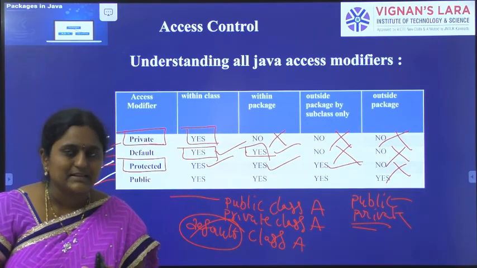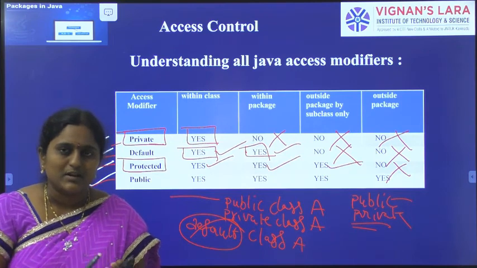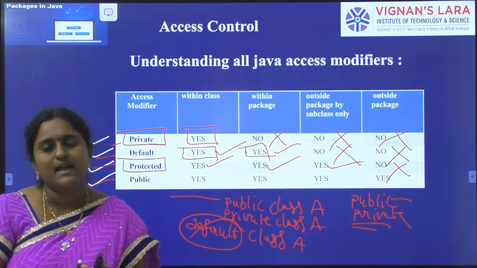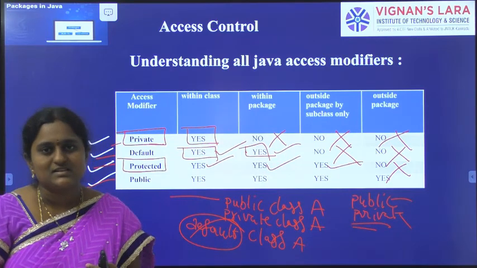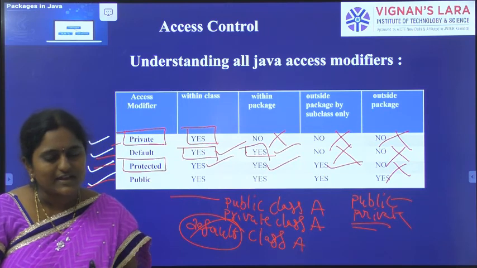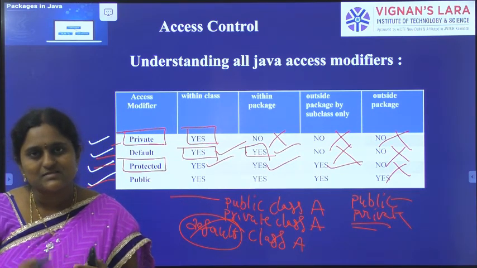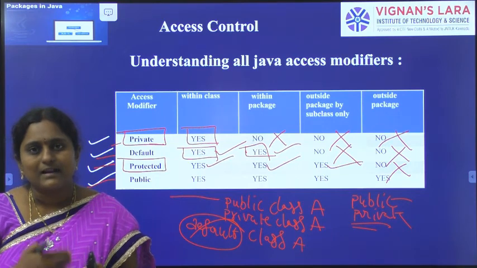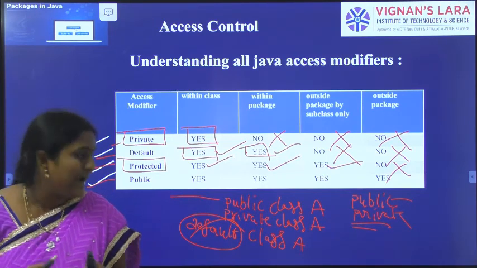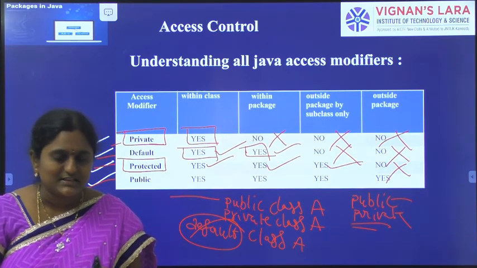We can specify the protected access specifier with respect to the method and constructor, but we can't specify it on a class. It has some rules and regulations. With these four access specifiers we can apply them to class, constructor, method and variables, but with some restrictions.